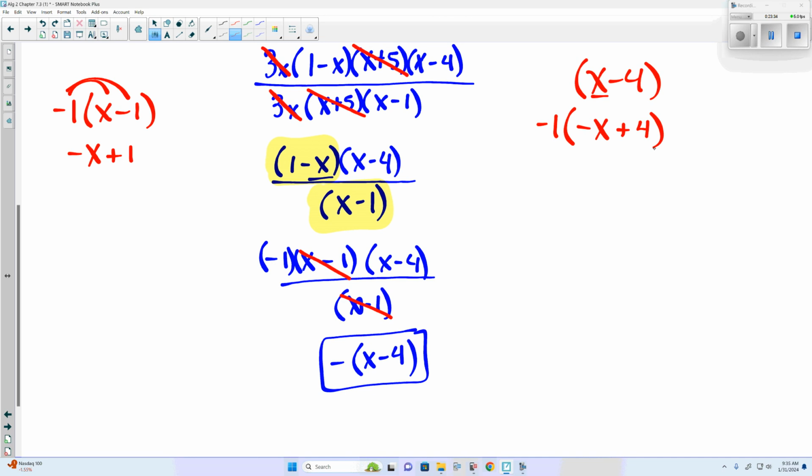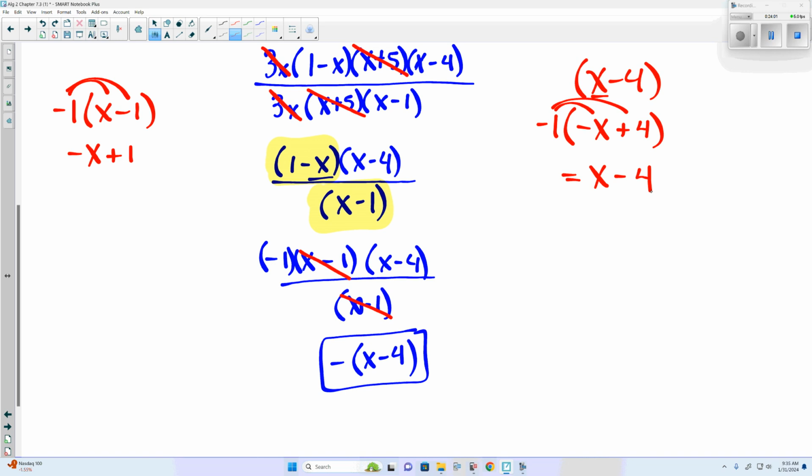Yes. And a way we can check and make sure we factored it correctly is off to the side we can multiply it back through and see if we get back what we started with. Negative 1 times negative x would be positive x. Negative 1 times positive 4 is negative 4. Now, it seems like an odd intuition. Why would we do this? But again, when we looked at the two terms, 1 minus x, x minus 1, the x on top was negative.